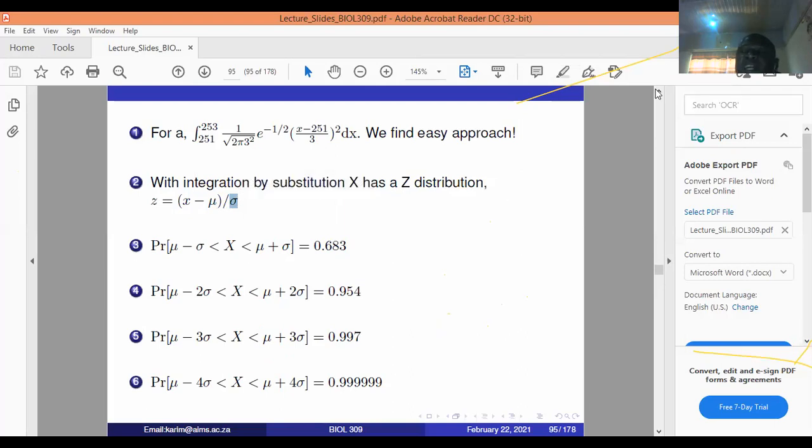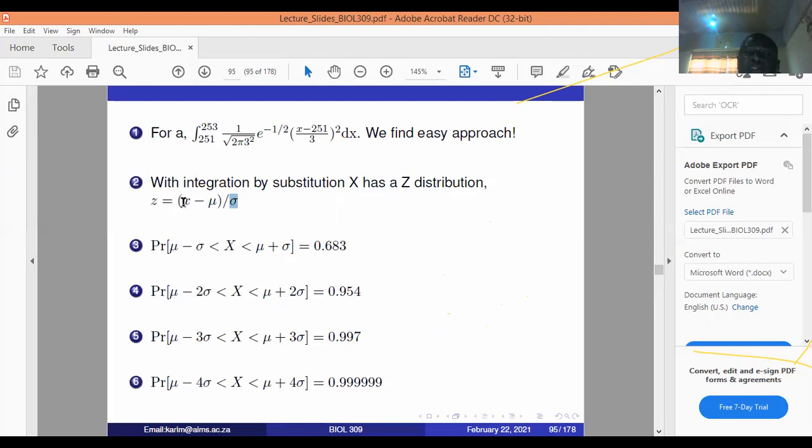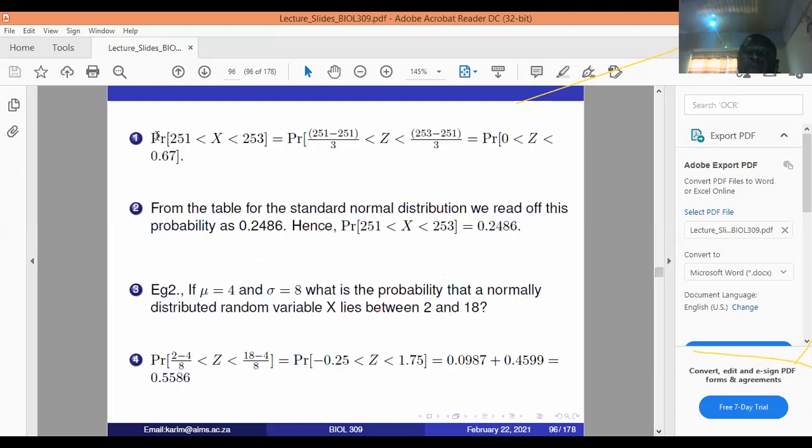Then I'll compute the Z value also for the 253. And in that, I'm going to have 253 minus 251 divided by my standard deviation, which is 3. So I'm going to get 2 Z values here. I'm saying, what is the probability that the number of newborn babies is between 251 and 253?